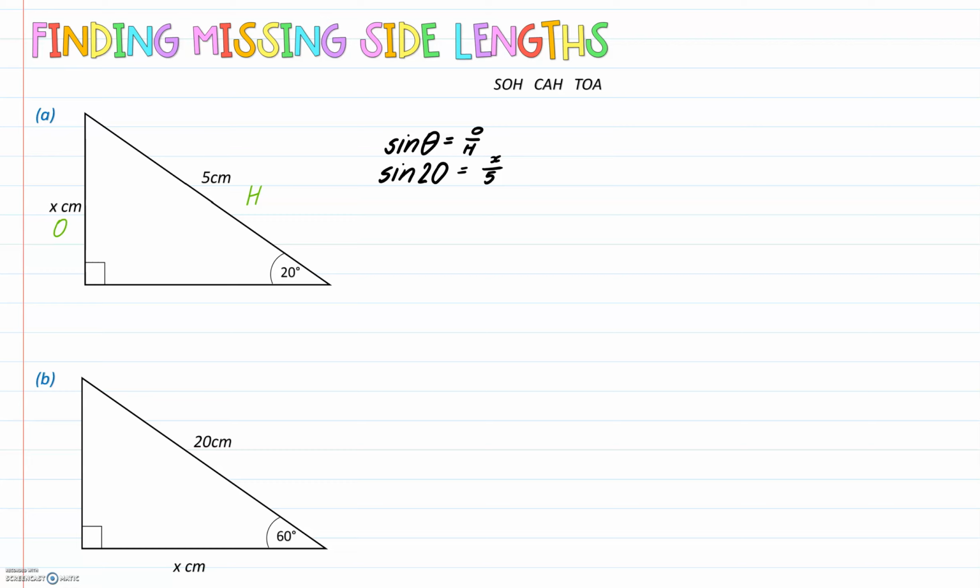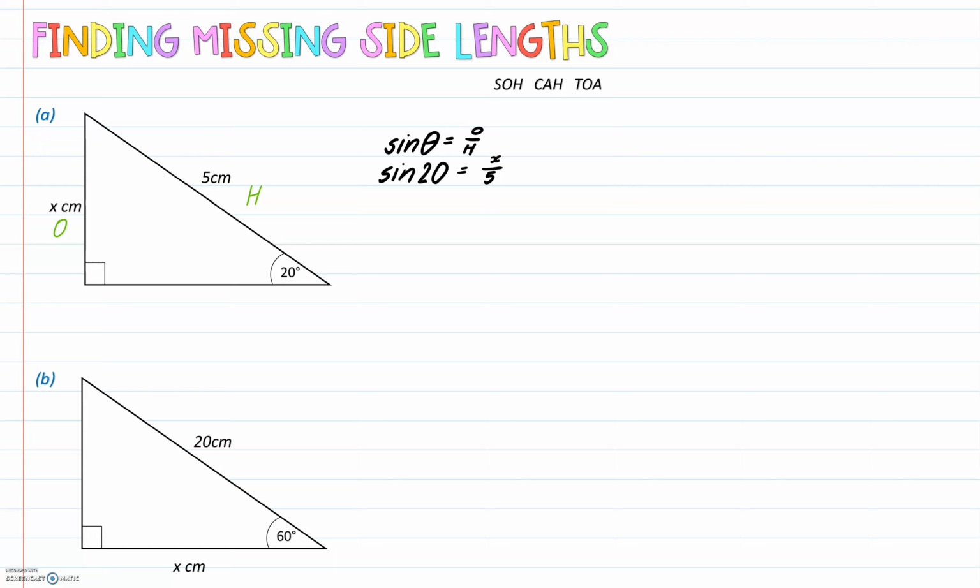So our first step was naming the sides, our second step was selecting and writing the ratio, and our third step was filling in the unknowns. Our fourth step is to rearrange and solve. So we want to get x by itself, just like we do when we do anything with algebra. So if we just have a look at the right-hand side, it reads x divided by 5. We know from algebra that to undo a divide, we need to times.